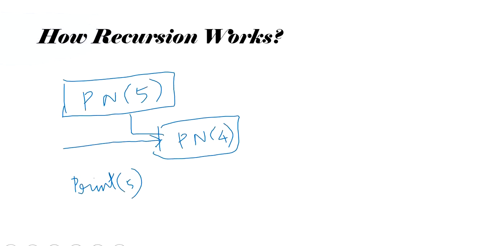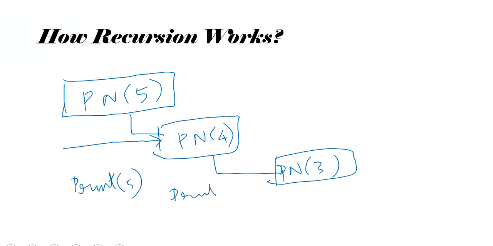Here print numbers of 4 is calling print numbers of 3 before it actually prints 4. The same way, it called print numbers of 2 and then print numbers of 1 and then it stops.